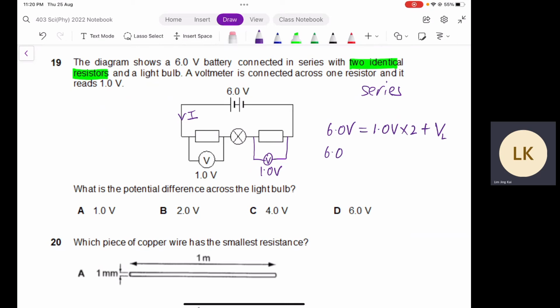So once we are clear with that, it is time for us to work out the value. The voltage of the light bulb is equal to 4.0 volts. So the answer is C.